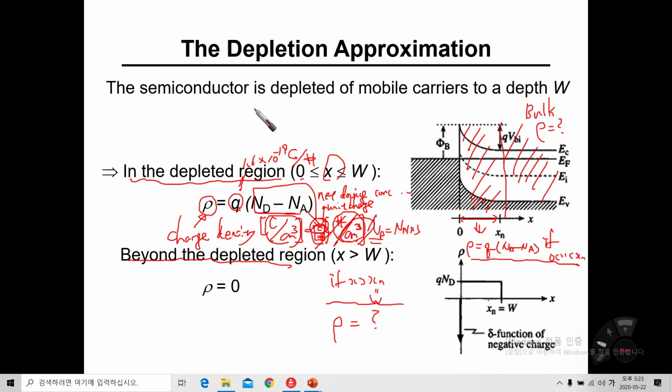A few weeks ago, or maybe in the first half of this semester, the charge density of a semiconductor was written as q times (p minus n plus ND minus NA). You can look for the slide showing this equation.